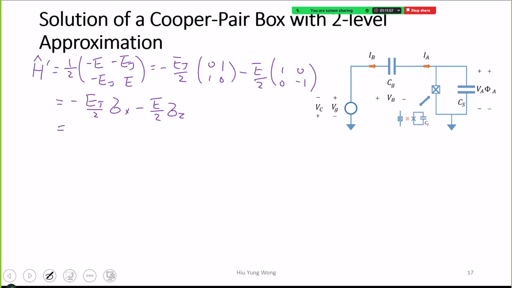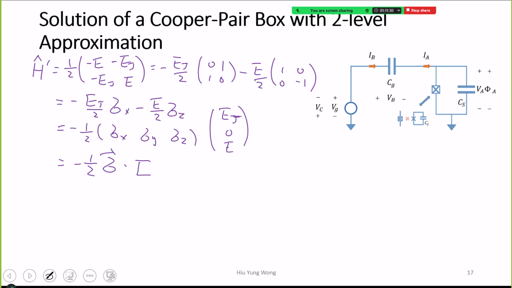But I can also write it as negative 1/2 sigma x, sigma y, sigma z, times EJ, 0, E, if I want, where I basically define, or I can rewrite this as sigma dot BE.